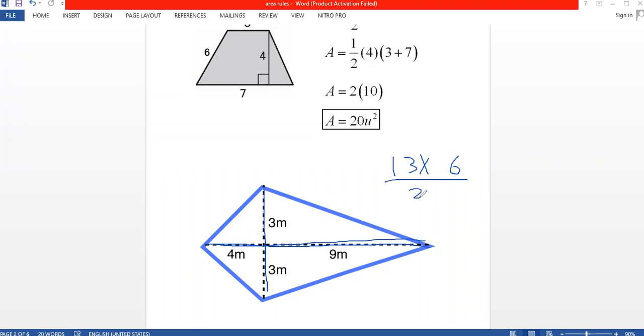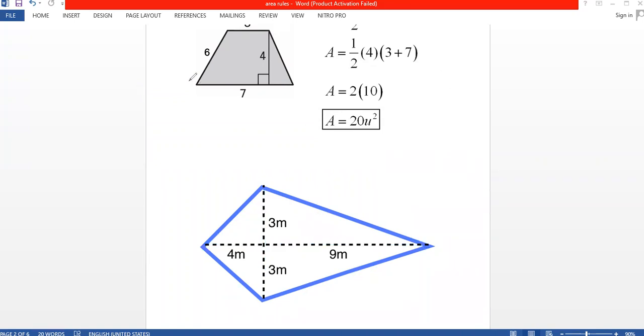This is the formula: diagonal 1 multiplied by diagonal 2, divided by 2. I'm giving you another way. Equals 39. So we get the same answer if we use the formula or if we decompose.